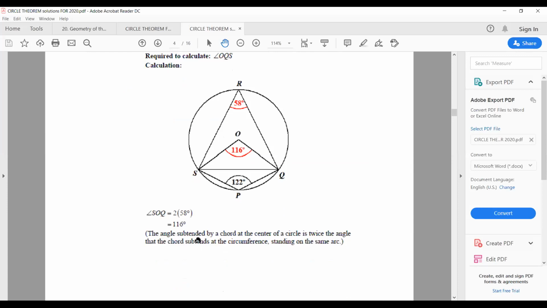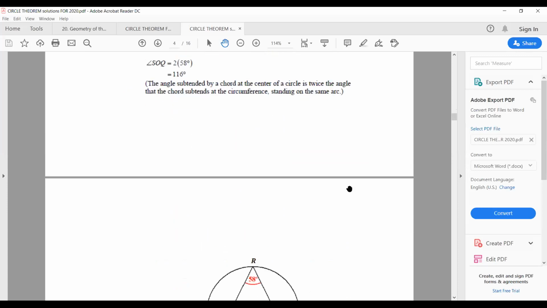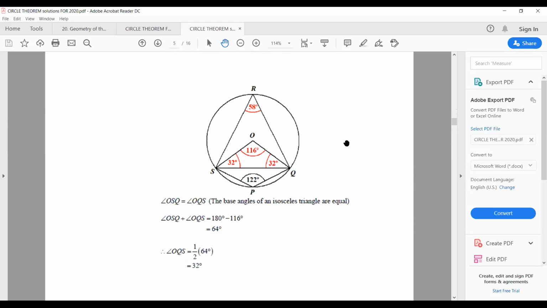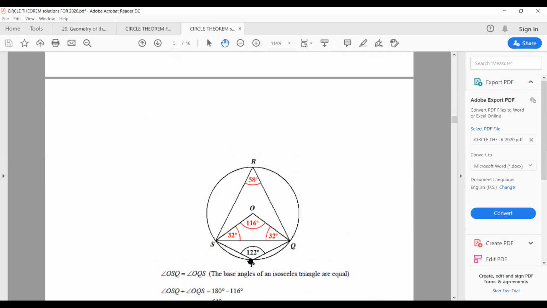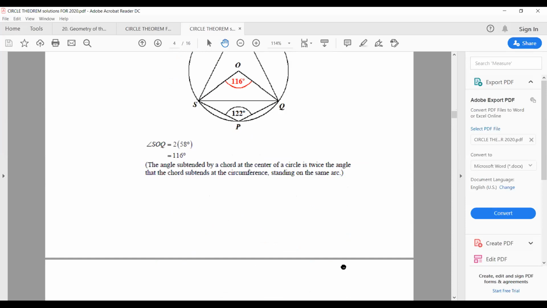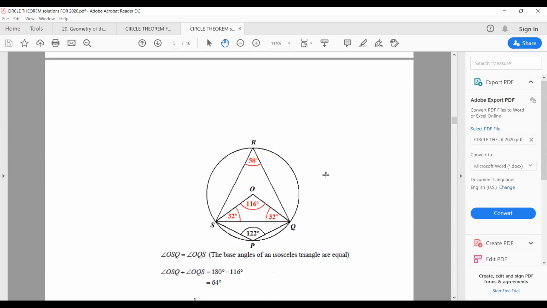And of course, this is the theorem here. Here we can see this is 116, right? Actually, no, we don't know that it's an isosceles triangle. But what we do know is that the angles in a triangle add up to 180 degrees.